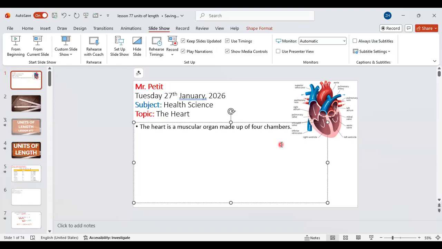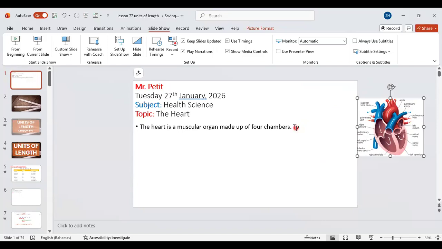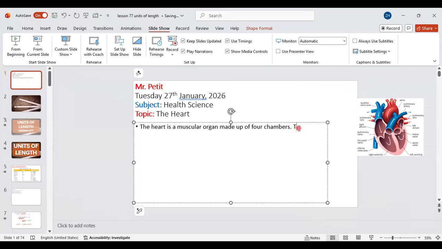The two upper chambers are called the right atrium and the left atrium.